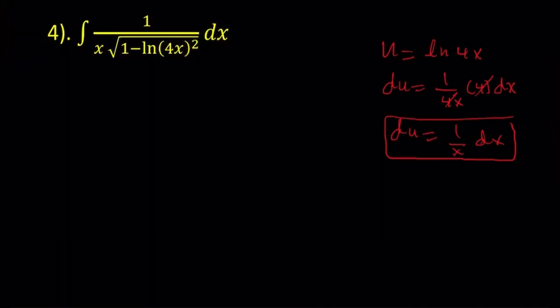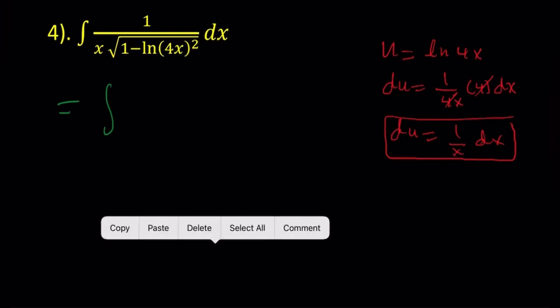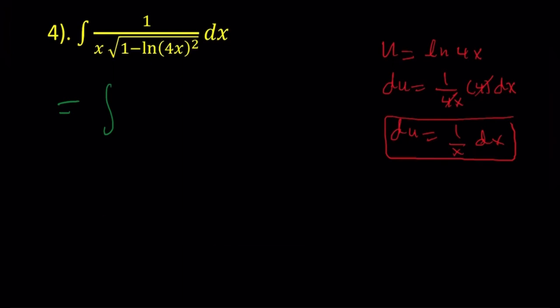So now we have an equal sign, and I'm not gonna change anything else. I'm just gonna rewrite my problem, and hopefully I substitute everything. So instead of writing 1 over x dx, 1 over x dx is just du. So I could just write du to make things simple.